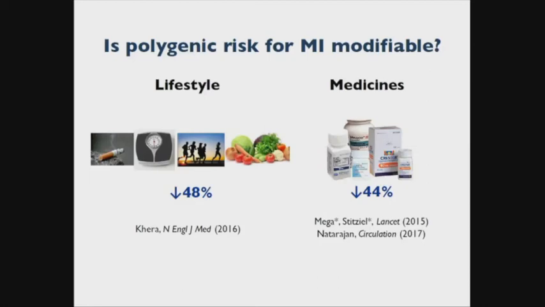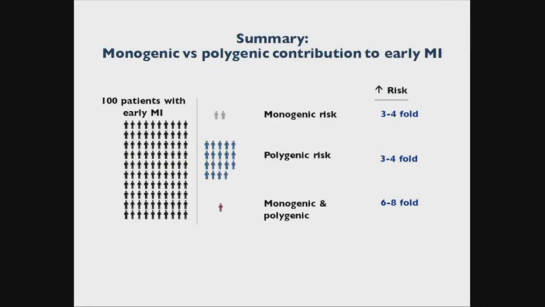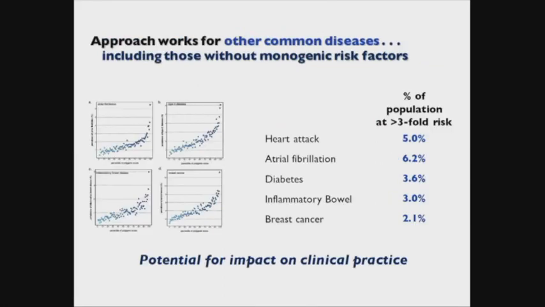And then we've also shown that individuals who have high genetic risk, high polygenic risk, actually benefit quite a bit from statin medications. Okay, so here's the summary then of monogenic, polygenic, and combined. If you take 100 individuals with early MI, about 2, the risk is due to monogenic basis. About 15 to 20, it's polygenic, and then there's some unfortunate souls who have both, and it's additive.